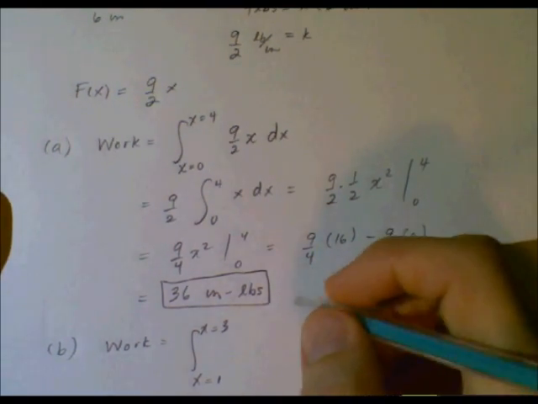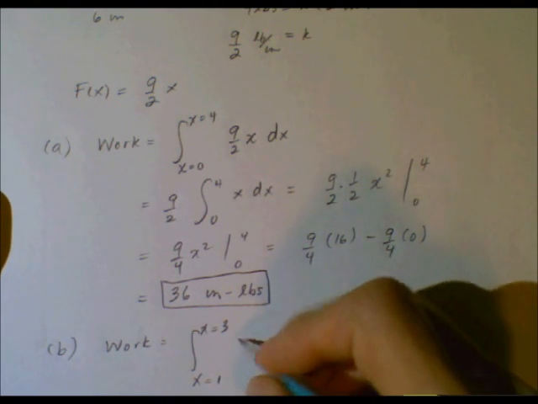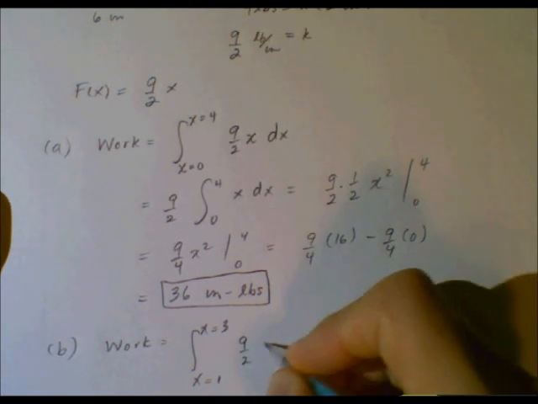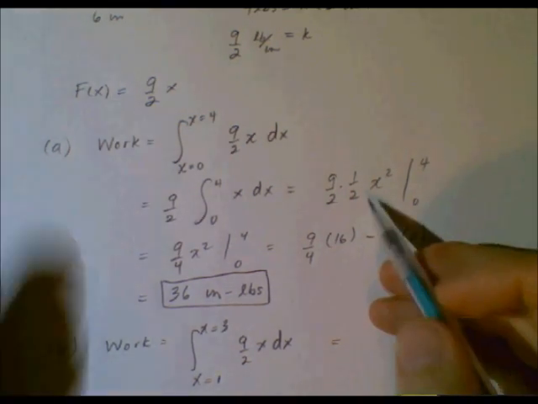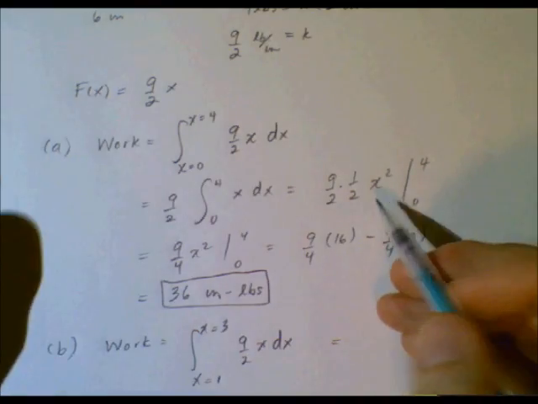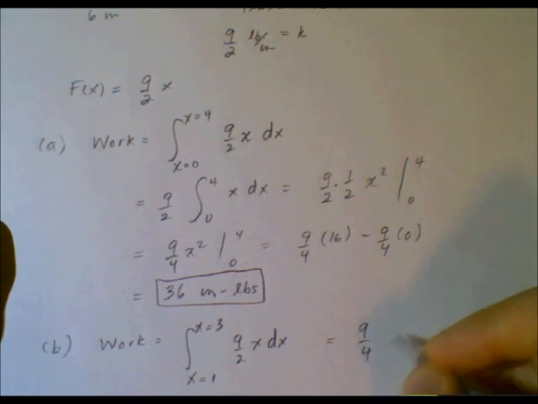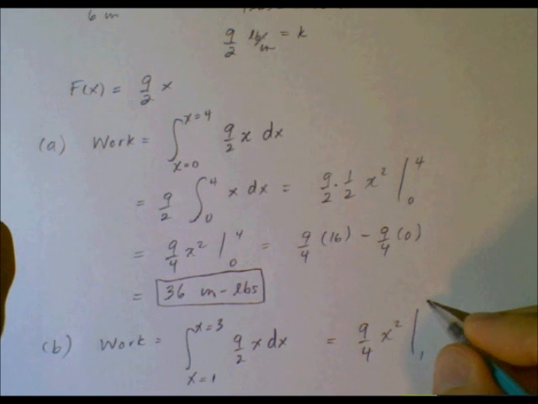So we're integrating from 1 to 3. Same function. We've already determined that antiderivative. Why should I go through all that again? This is 9/4 x squared, running from 1 to 3.